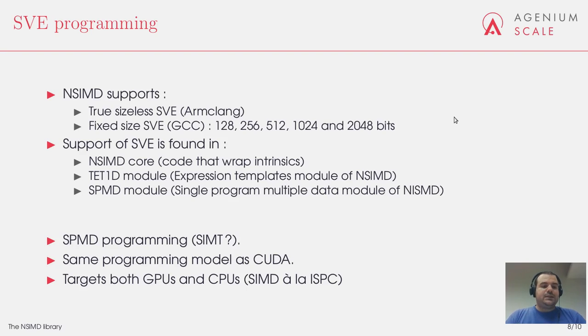This allows NSIMD to target both CPUs and GPUs. For GPUs, the C++ DSL that we provide only translates one-to-one into a CUDA kernel. And when targeting CPUs, we emit SIMD instructions à la ISPC.